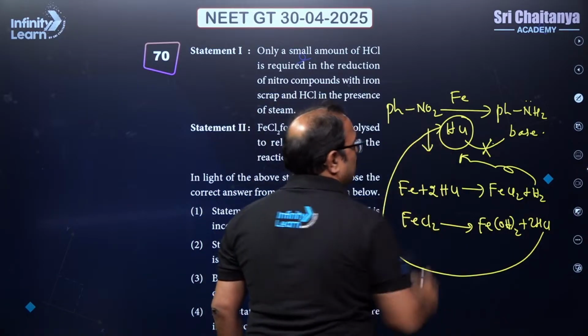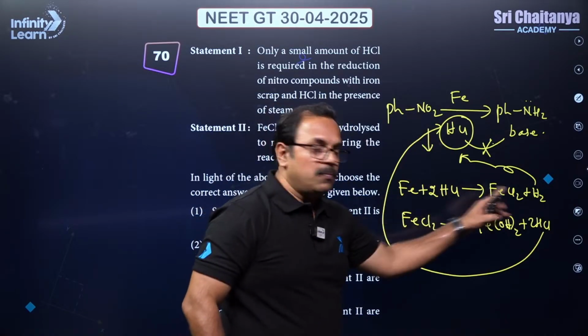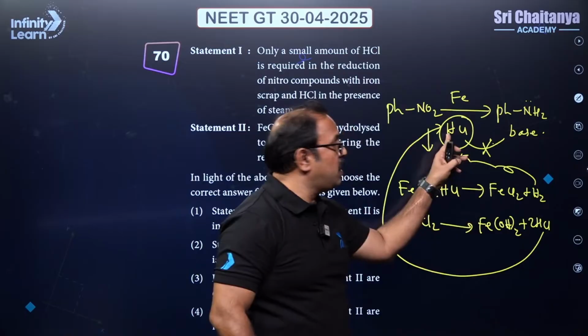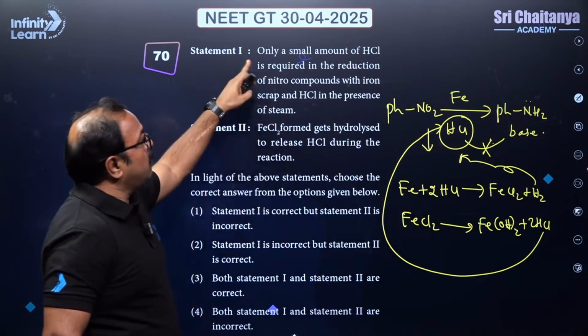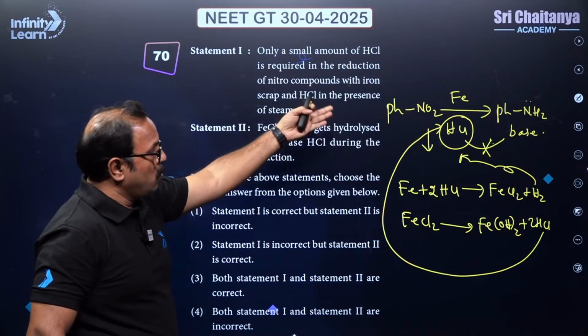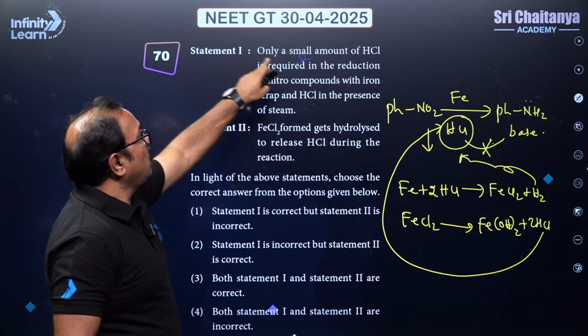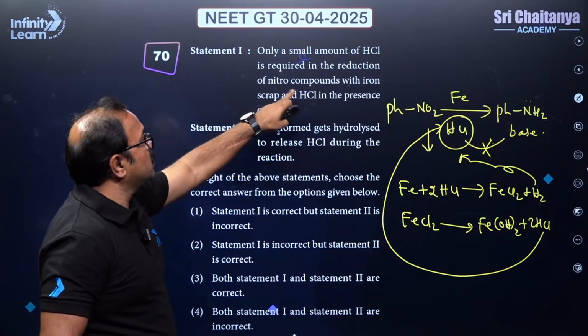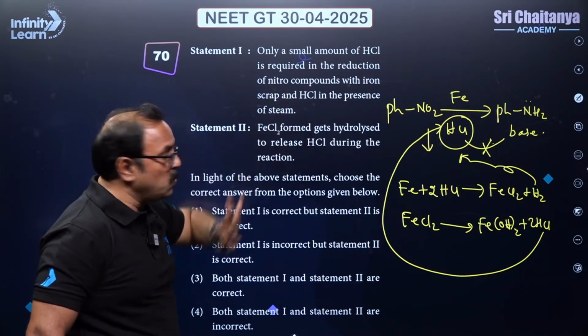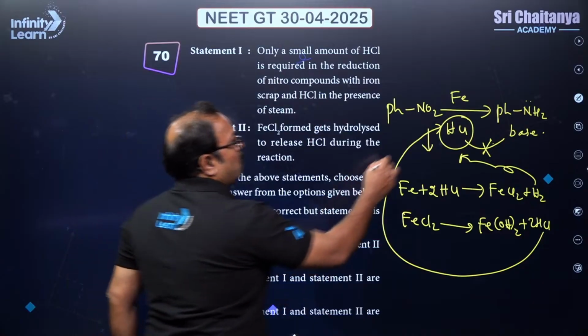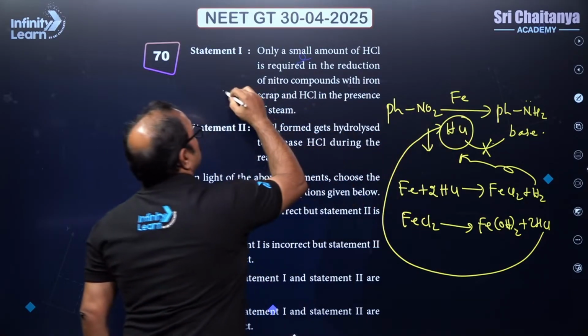So whatever FeCl2 forms hydrolyzes to give HCl, which can be reused. So under the nitro compounds reduction to amines, only a small amount of HCl is required in the reduction of nitro compounds with iron scrap and HCl in presence of steam. This condition is absolutely right, so the usage of this reagent is absolutely right.